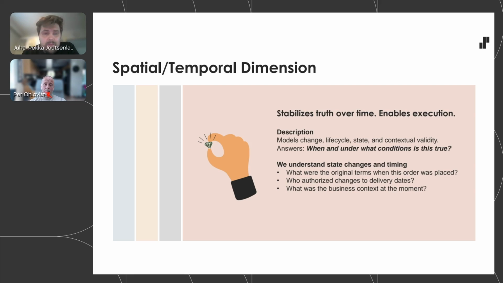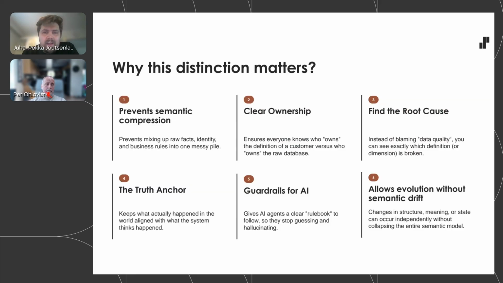And then the big question might be: why does this distinction matter? Well, here are some of the reasons. I think the first reason is that it prevents so-called semantic compression.